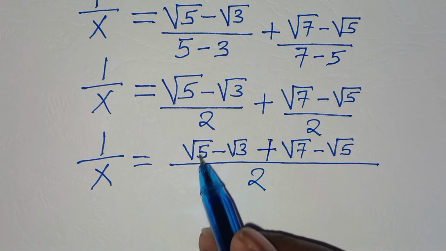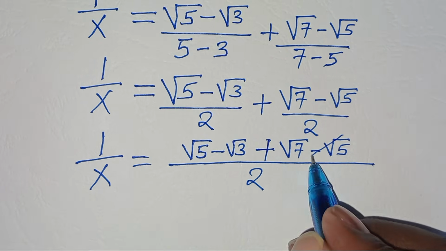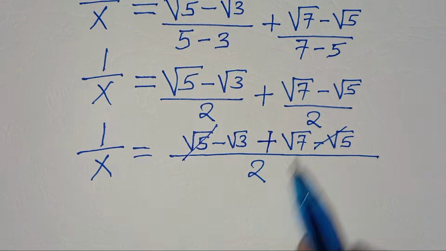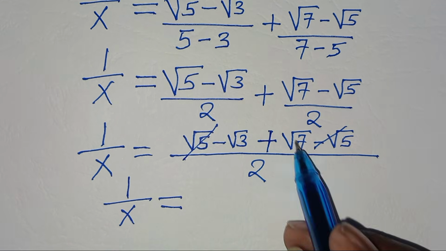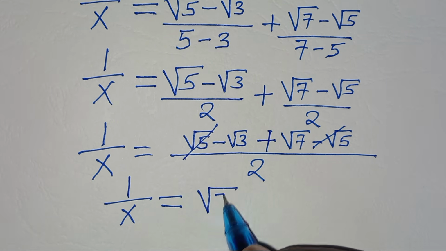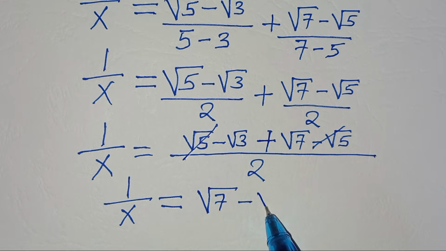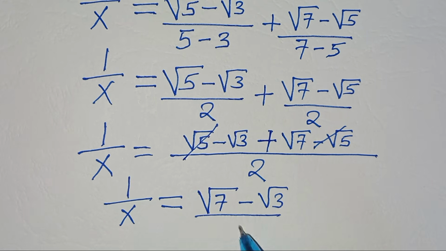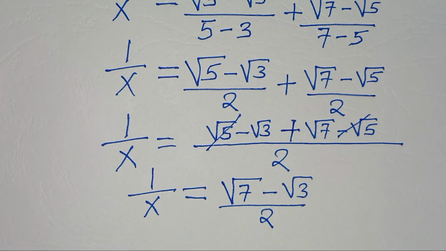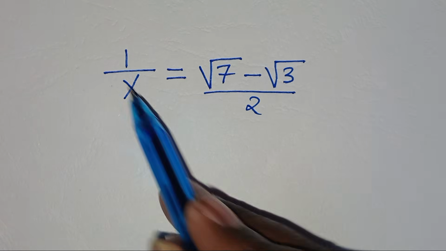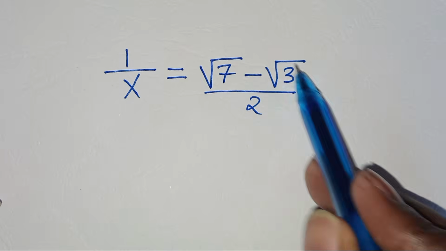So we have root 5 minus root 5, this simplifies so that now 1 over x is equal to root 7 minus root 3 divided by 2. So 1 over x is equal to root 7 minus root 3 over 2.